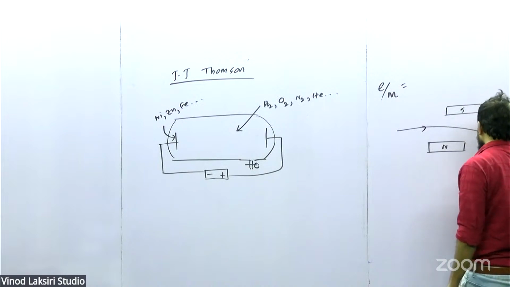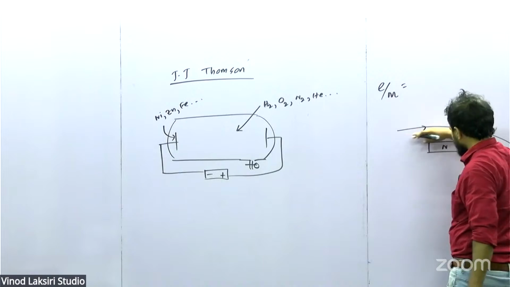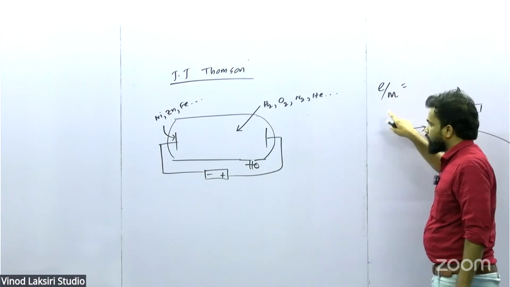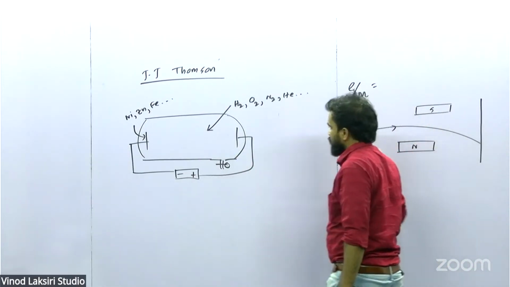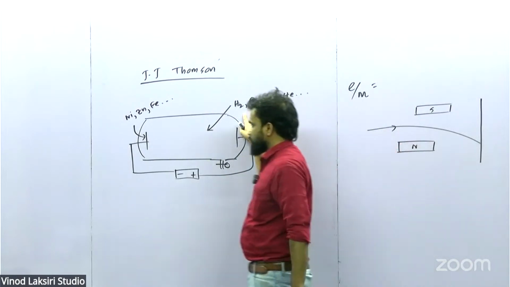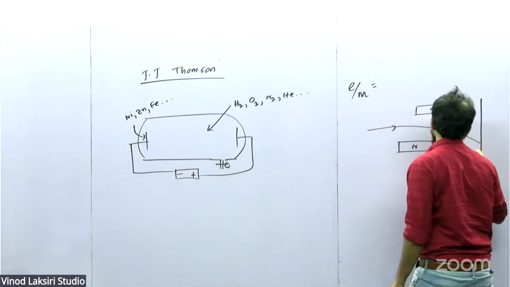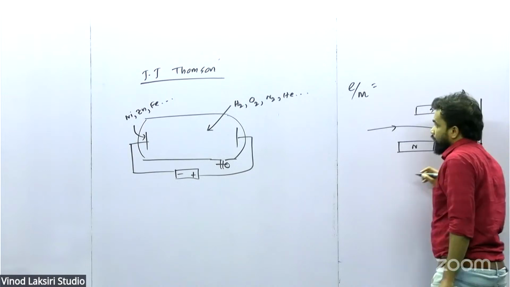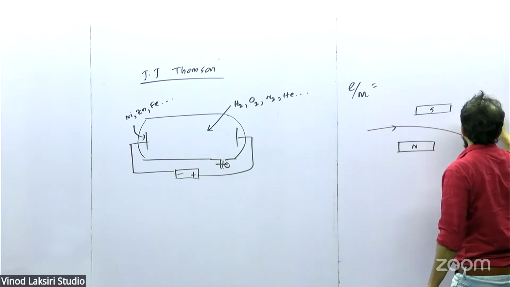This magnitude of the deflection depends on the e/m value. So J.J. Thomson, using a magnetic field, determined the e/m value in each case by changing the gas and the material of the cathode. So he observed that in each case, this cathode ray is a screen.